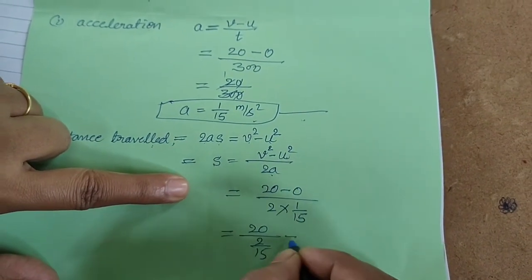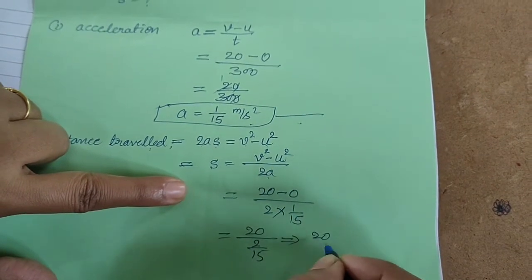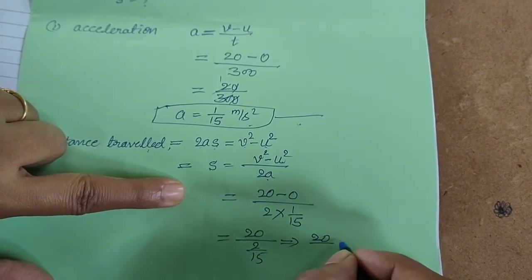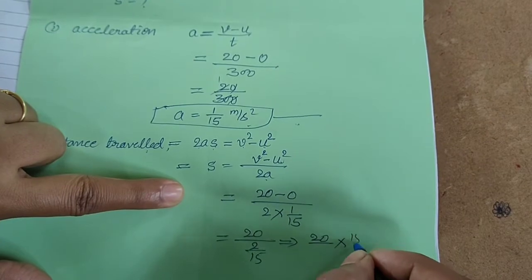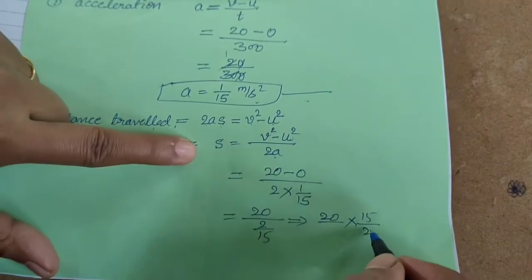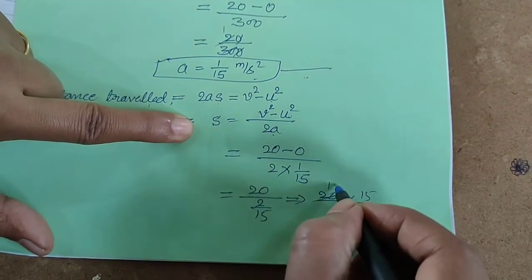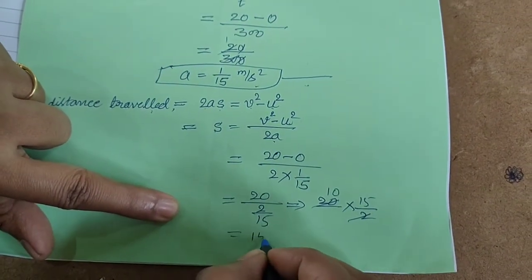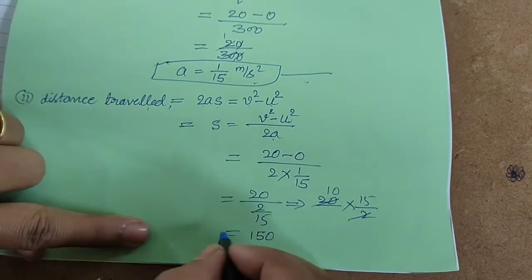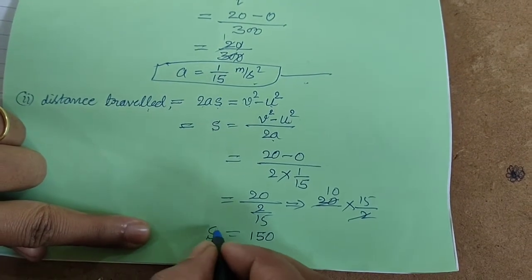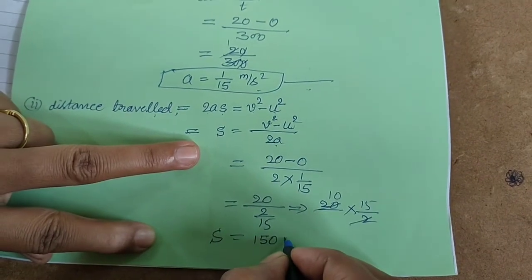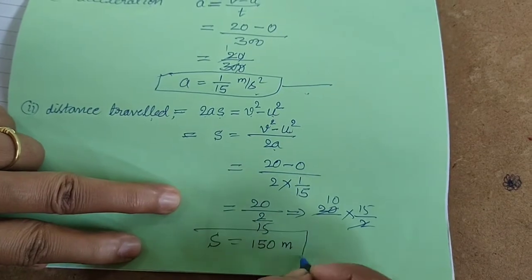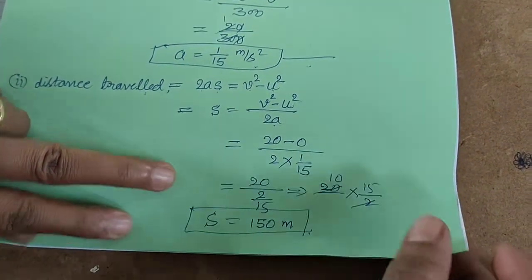Now rearrange this one: 20 into 15 goes to the numerator, 2 comes to the denominator. 2 tens are 20. 10 into 15 is 150. So that is the distance travelled, s is equal to 150 meters. So this is our solution.